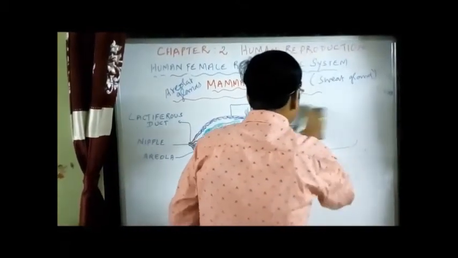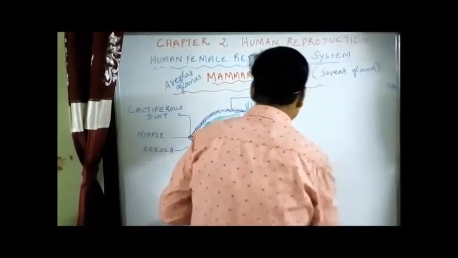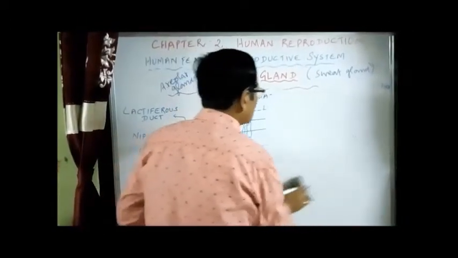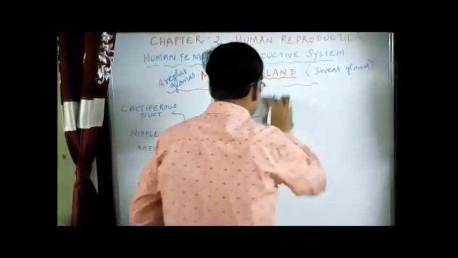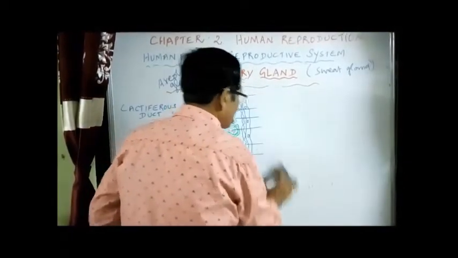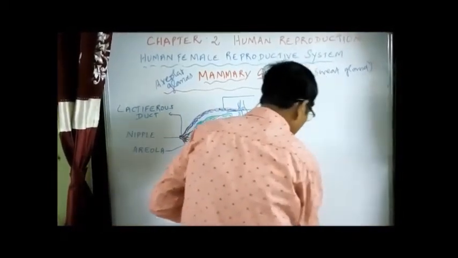The mammary gland is formed of lobes, 2 to 25 lobes. I am taking a diagrammatic way, an illustration.